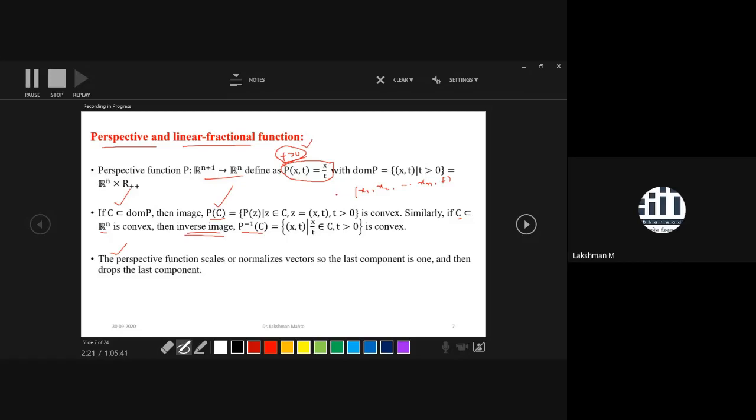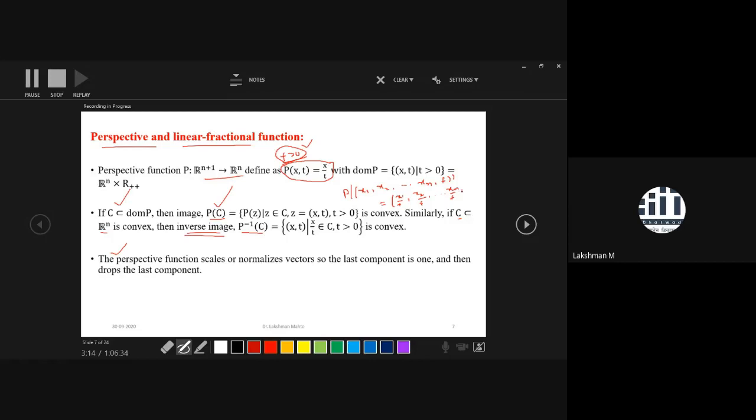When you apply the perspective map over this n plus 1 dimensional vector, it divides all the entries by t, and the result is x1 divided by t, x2 divided by t, and likewise up to xn divided by t.